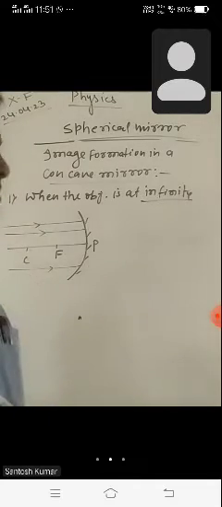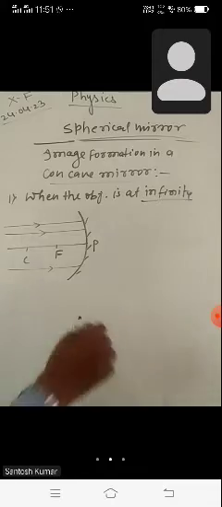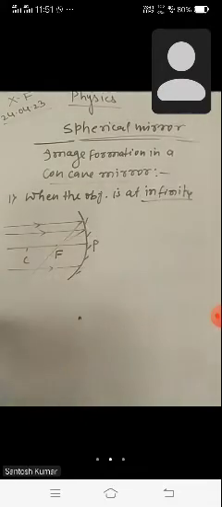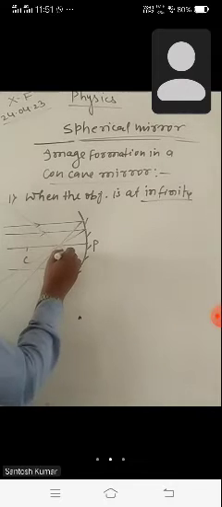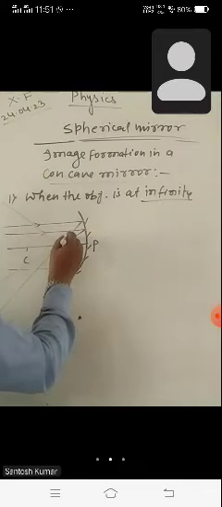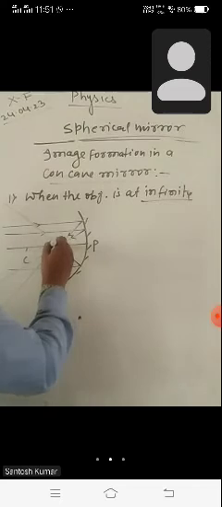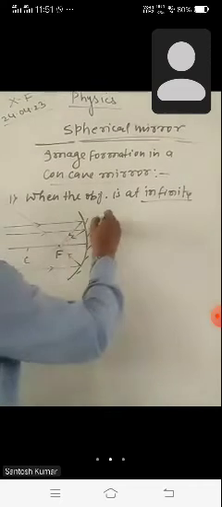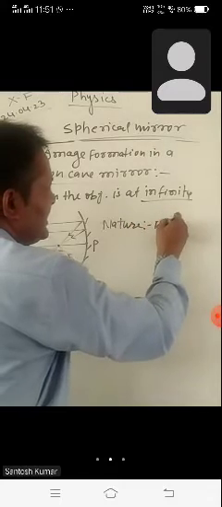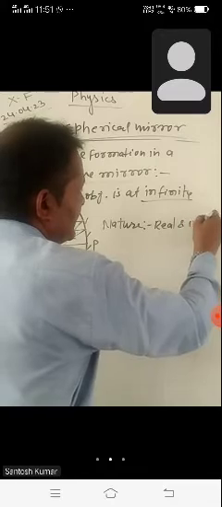Rule number one: if the light ray is parallel to the principal axis, after reflection it will pass through the focus. So all the light rays will pass through the focus. It means these light rays are actually intersecting, so the image will be formed. Just see, what will be the nature? The nature is real and inverted.